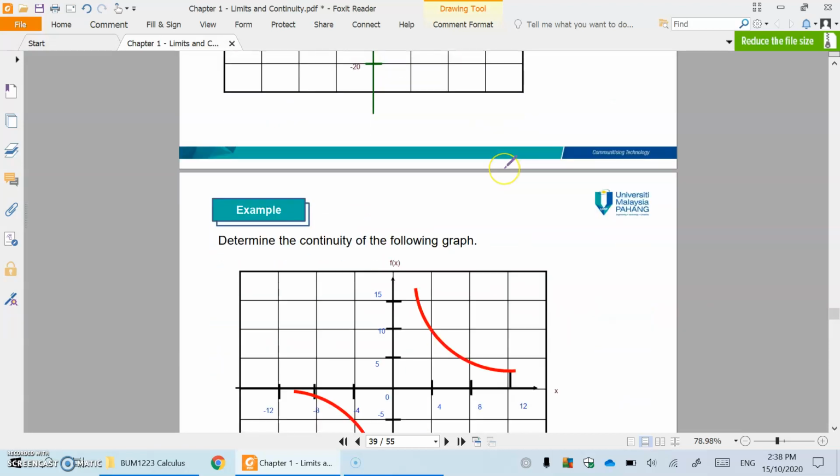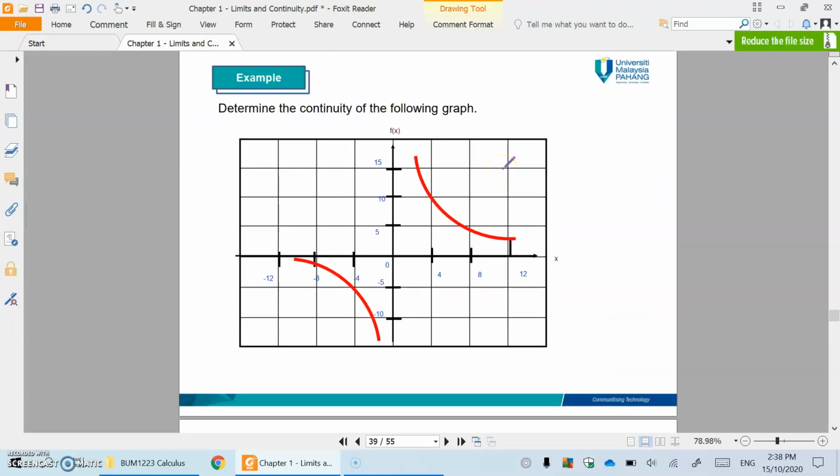Different from this example, this graph is broken at x equals 0. So this means that the graph is not continuous at x equals 0.